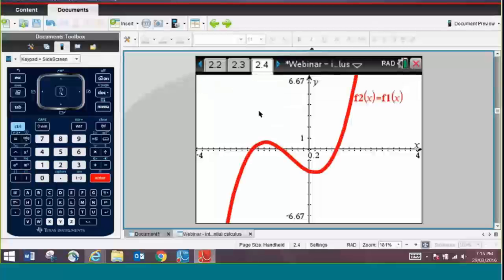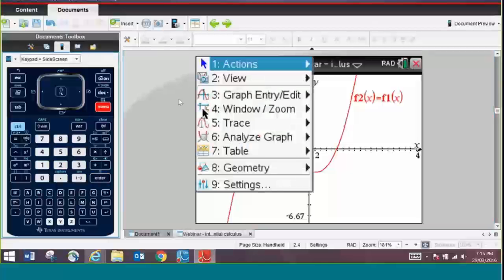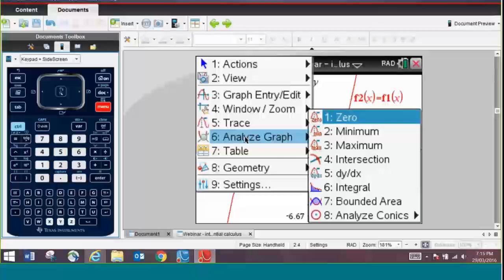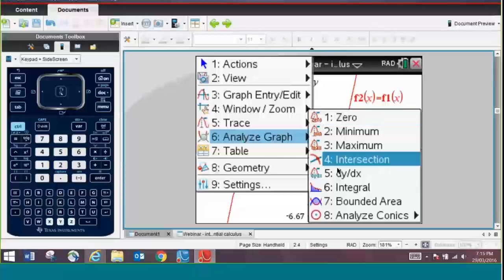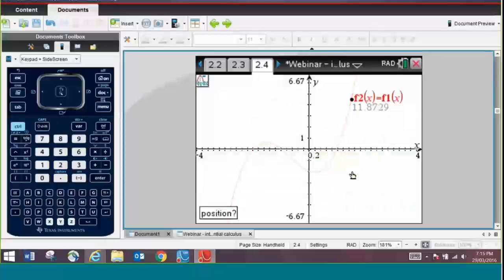I'm going to determine the equation of the tangent at x equals 0. So first of all, I'm going to analyse the graph, go to dy dx, and type in 0. That's as I did before, and it tells me the gradient is -1.